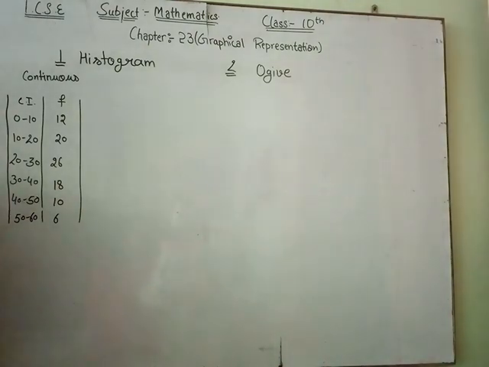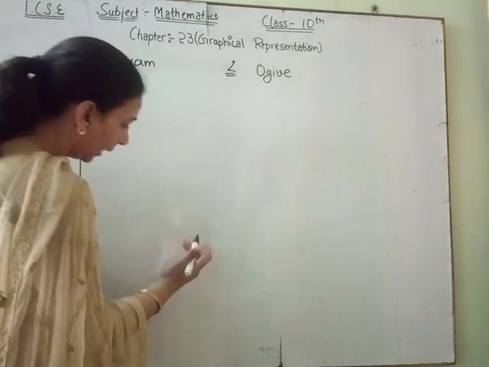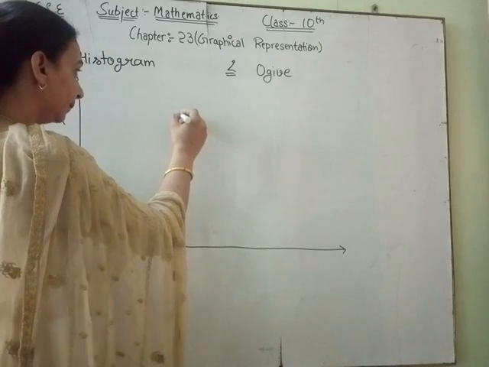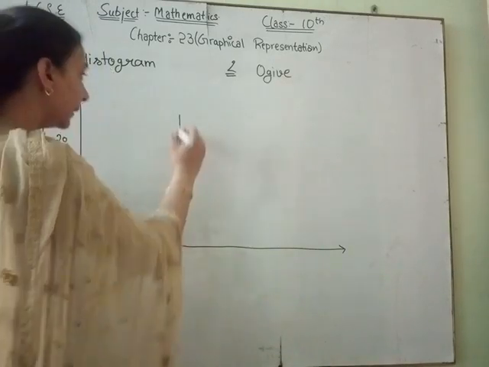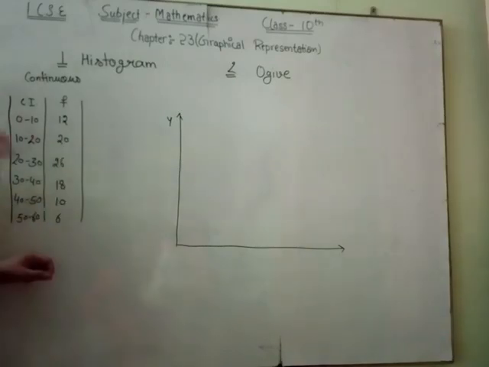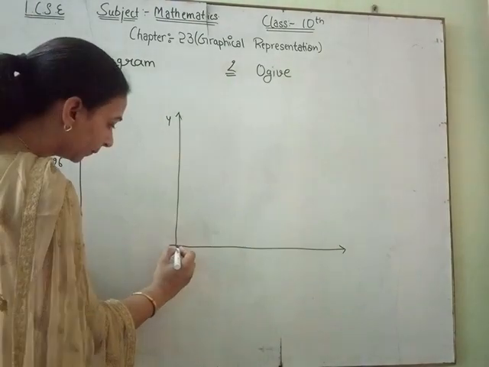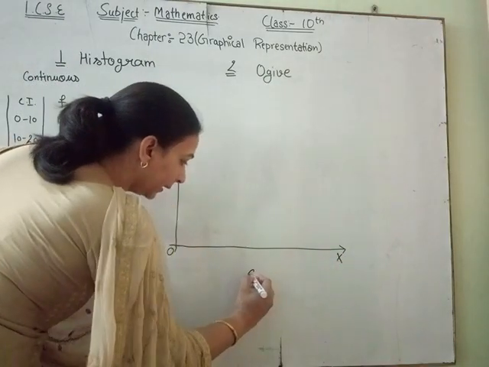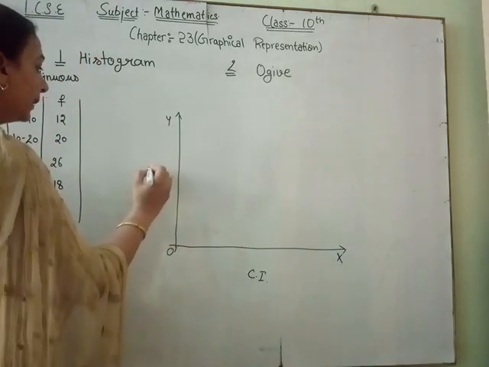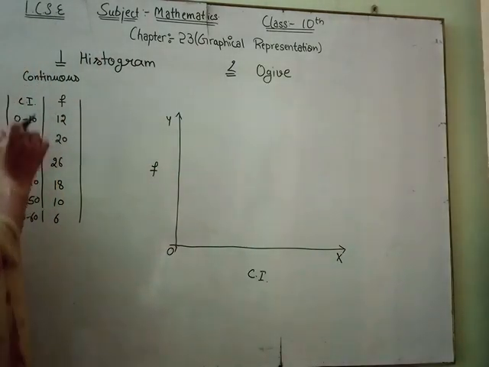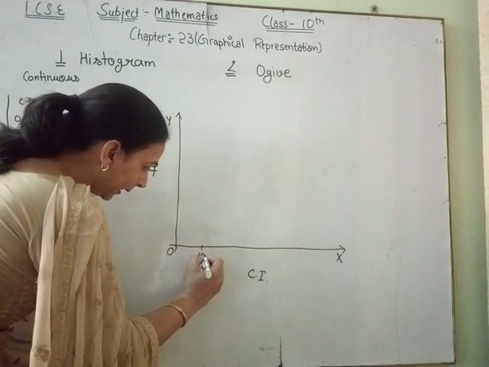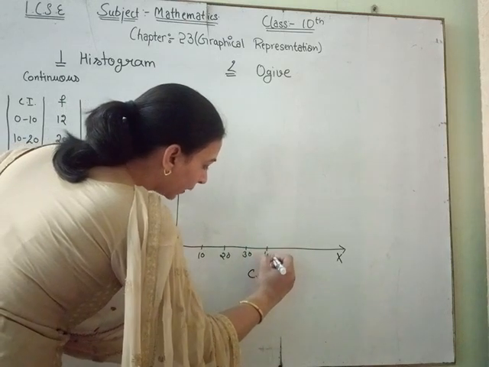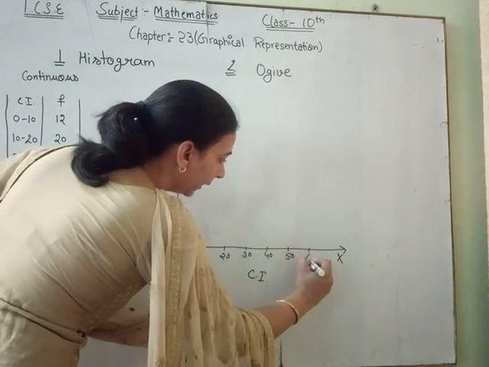For this I make a histogram. This is the x-axis and this is the y-axis. Histogram is a two-dimensional graphical representation. This point is O, that is 0, 0, with class interval on the x-axis and frequency on the y-axis. Then class intervals 0 to 10 with the same unit distance: 0, 10, 20, 30, 40, 50 and 60.